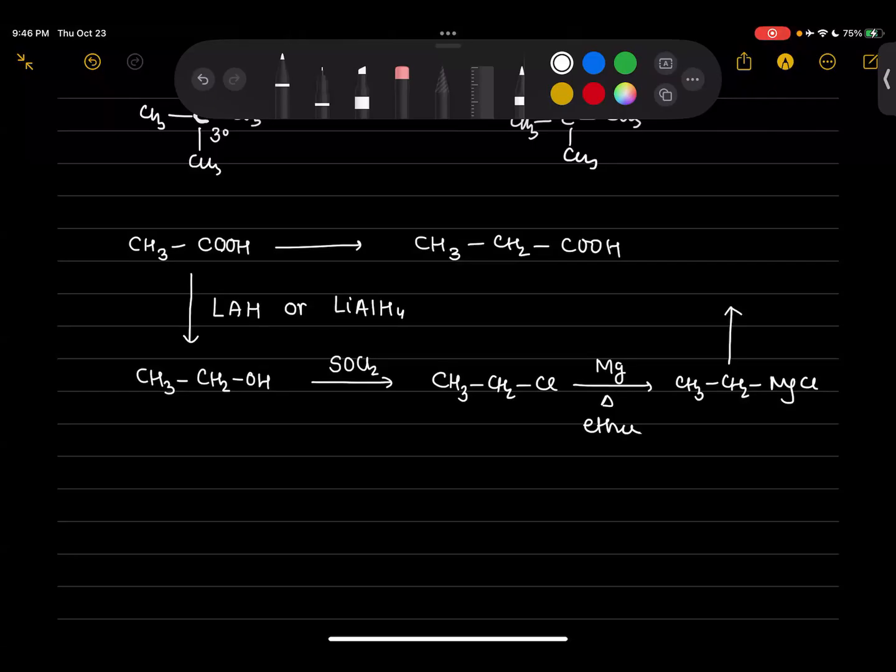Now, once we get Grignard, what should we do to increase the carbon atom? We need to add CO2. COOH is there, no? So add CO2 and H plus. Is it clear?